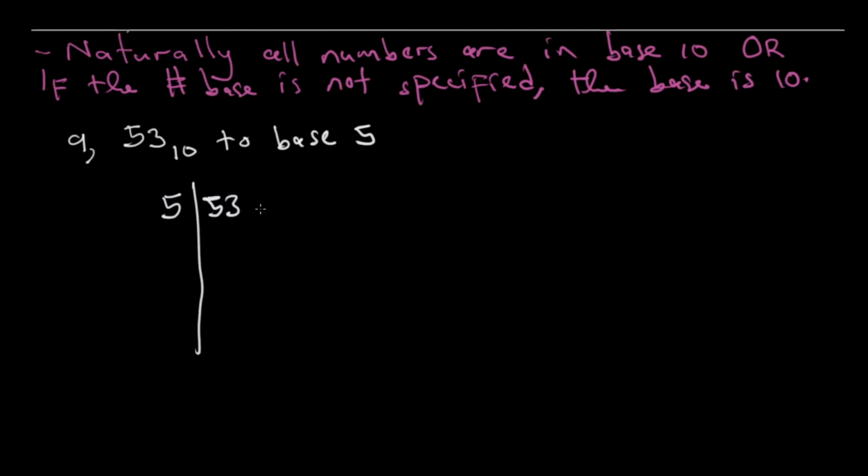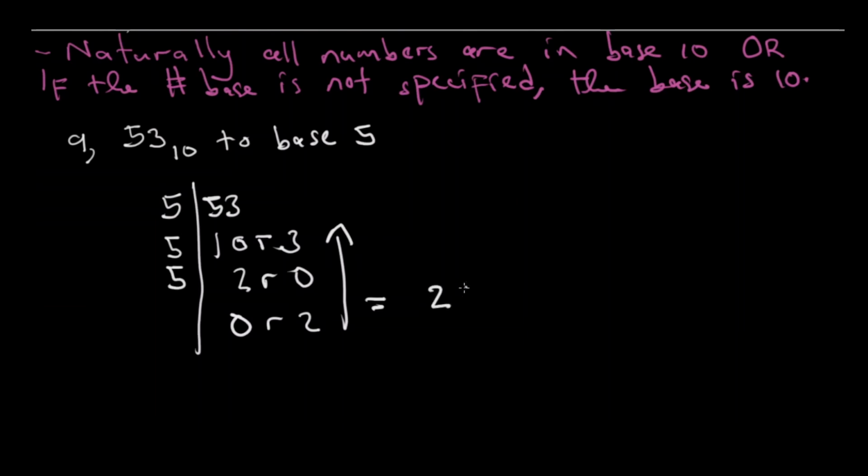And you appreciate why I used the term thoroughly. 5 into 5 is 1. 5 into 3 is 0, remainder 3. 5 into 10 is 2, remainder 0. And 5 into 2 is 0, remainder 2. Then we have an arrow like this. Our answer is 203 base 5. So 53 base 10 to base 5 is 203 base 5. This is how we do it.